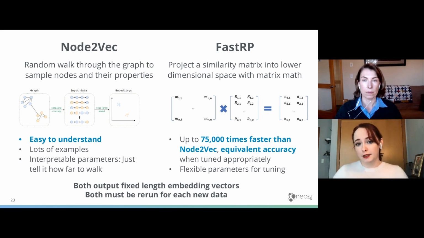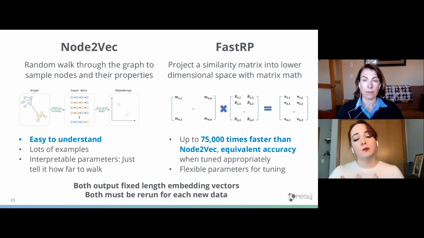What FastRP is, it basically uses linear algebra to construct a similarity matrix between each node in your graph. So if we go back to that 5 billion node adjacency matrix, you construct a similarity matrix that says for every pair of nodes, how similar are they? And then you multiply it by what's called a random projection, which is basically random numbers generated from a very specific distribution that's intended to preserve the distance between pairs of nodes.